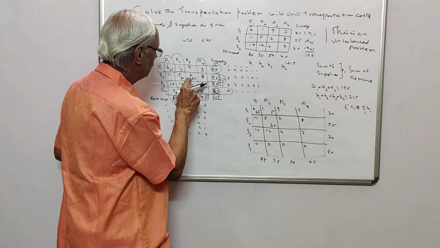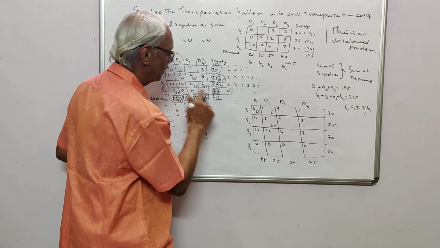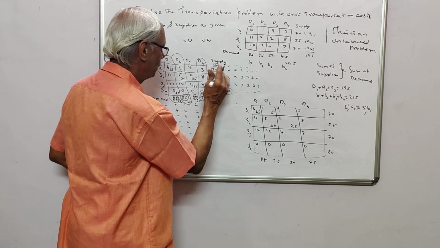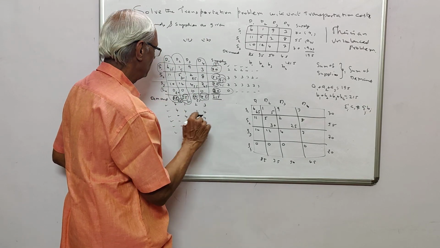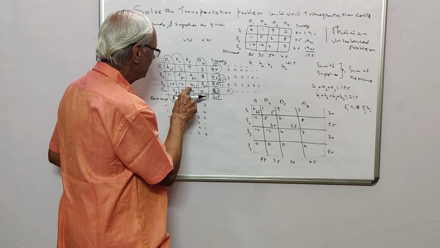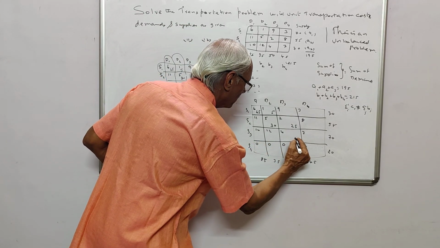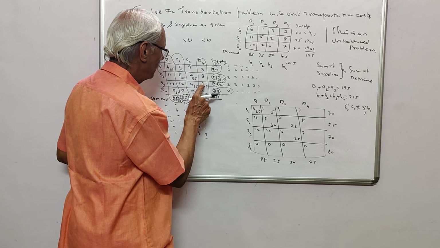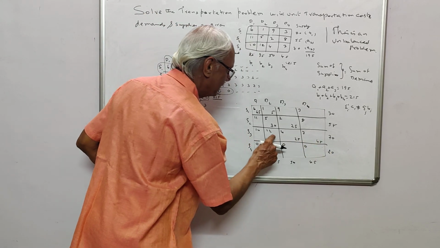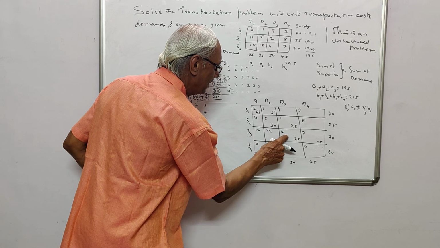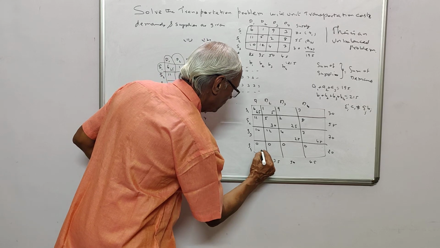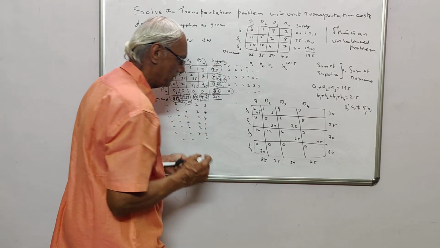And 2, 3, second row, third column, you have allocated 25. Then after that let us come to the third row. Third column 25. Third row, fourth column 45. This is cell 3, 3. This is cell 3, 4. Then come to the last one. So you see that your allocation is 20.